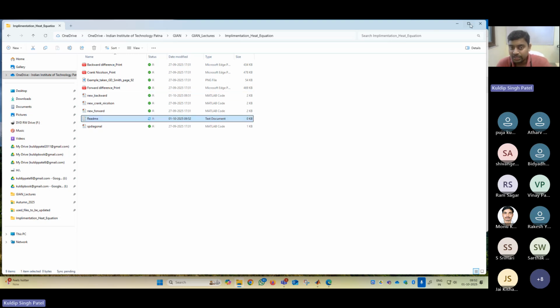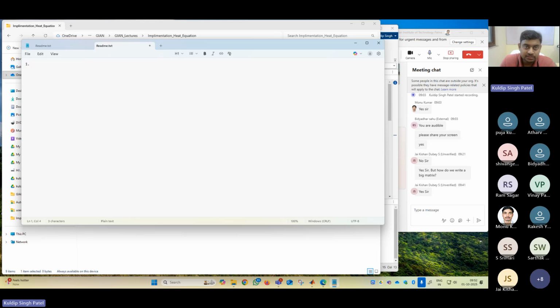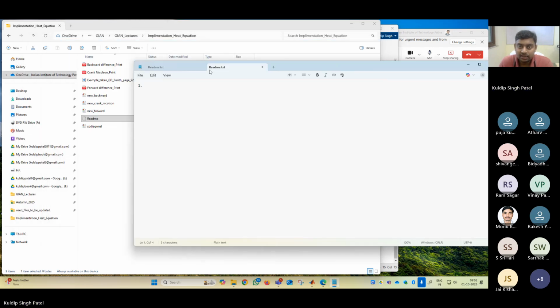All the students, I request everyone that this practice you must follow, right? In the readme we simply write that this first file is the backward Euler method for the heat equation.